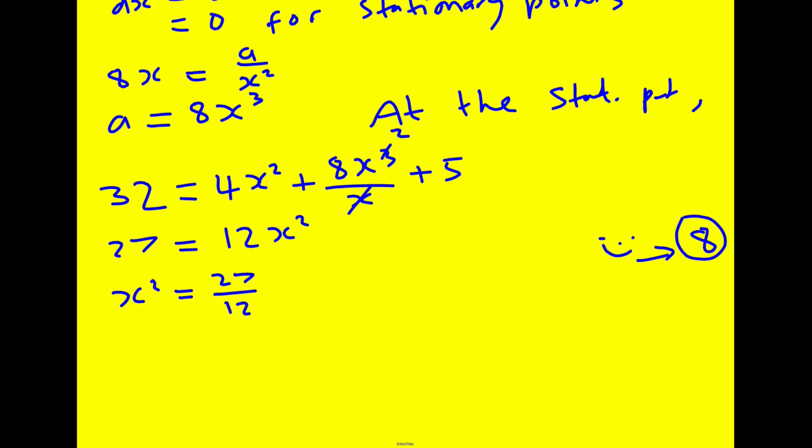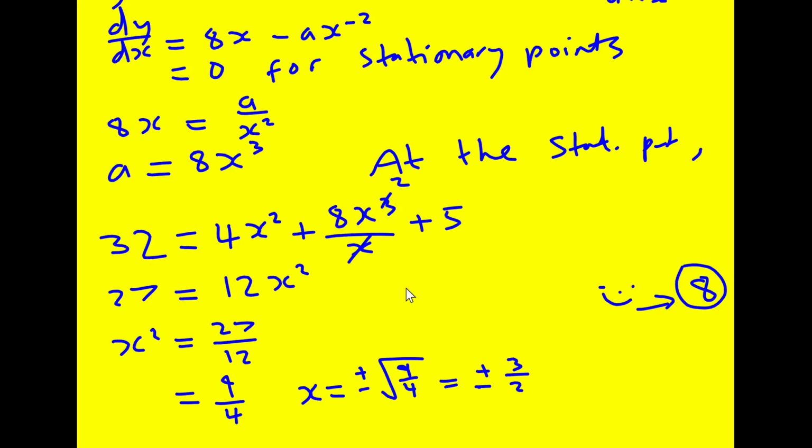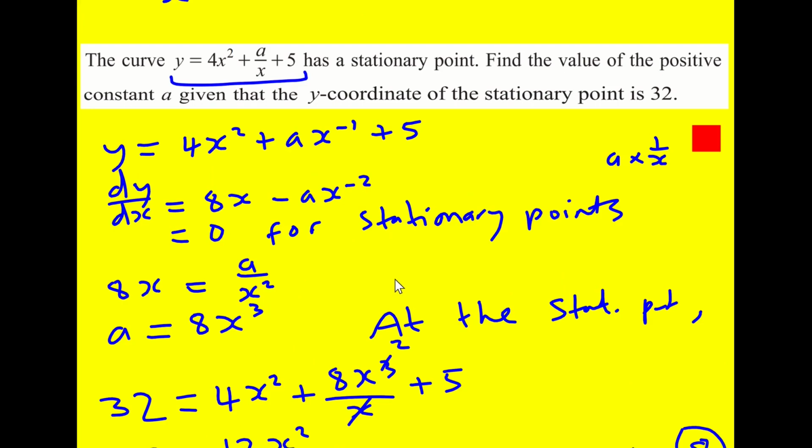Now I'm going to do this non-calculator. Actually, the original paper was non-calculator. I can cancel this down. It's going to become 9 over 4 if I divide through by 3, and therefore x is going to equal the square root of 9 over 4, plus and minus, don't forget, which is actually plus and minus 3 over 2. And we've worked out the x value of the stationary point.